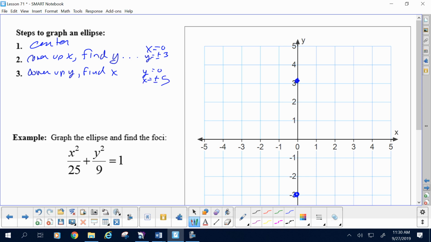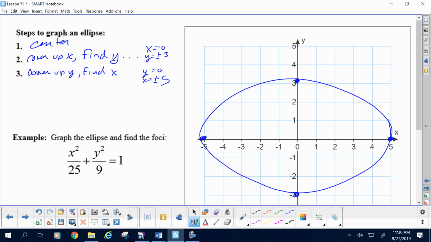So that number under the X tells you how far to go side to side, and then get out the string if you want to.